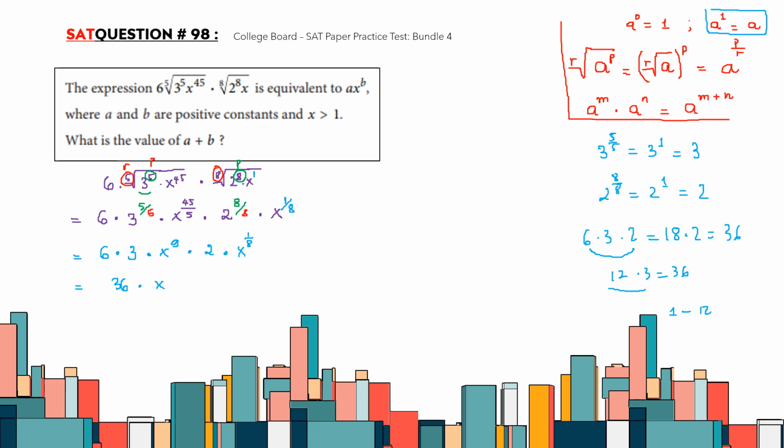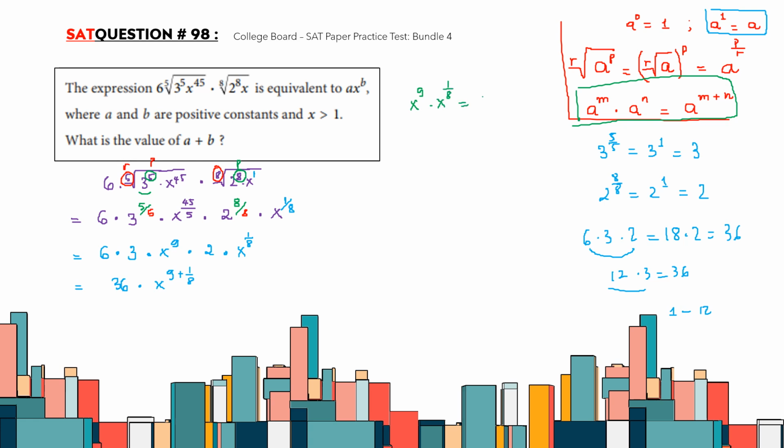Multiply by x to the power of 9 plus 1 over a. How do we get 9 plus 1 over a? It comes from this: we have x to the power of 9 times x to the power of 1 over a.